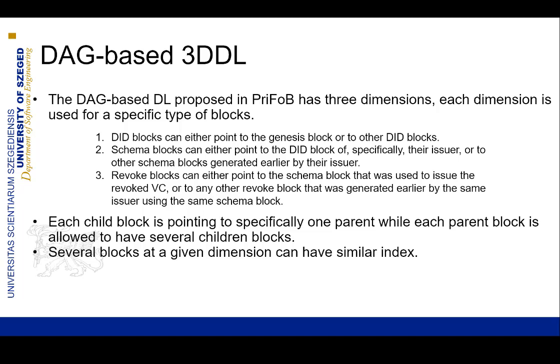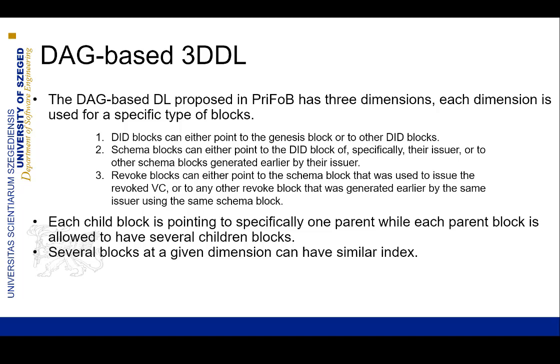For example, the schema has a unique signature by the issuer, and it has a unique signature by the miner who accepted or confirmed the block. And of course, it has its own different title because it's a different template for a different type of credential. So we have a lot of attributes within each block that can uniquely identify this block, even though it has the same index as other blocks.